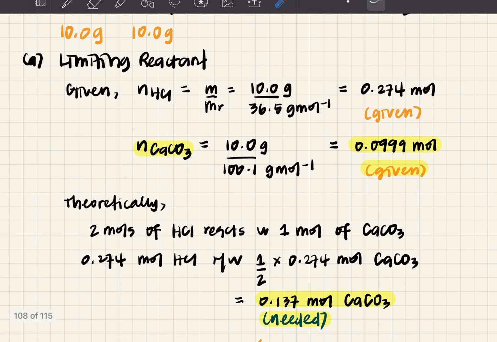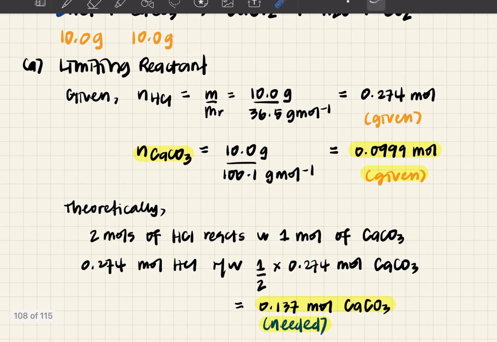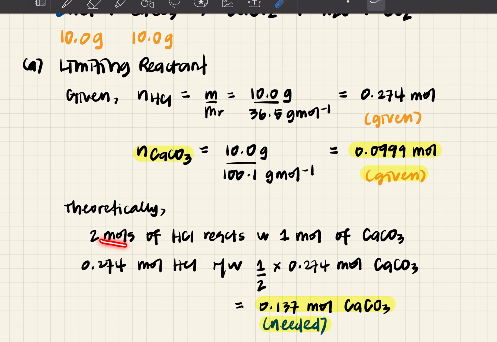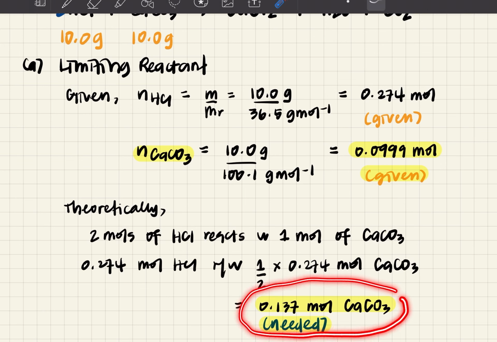Kita guna stoichiometry to find, let's say when we have 0.274 mole of HCl, you will need to react this amount with this amount of calcium carbonate. So yang ni awak basically bawa 2 turun bawah, bawa ini naik atas. So kali lah sini. Then you find the number of moles of calcium carbonate that is needed.